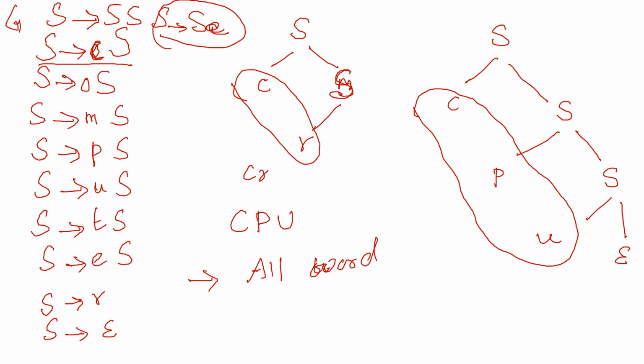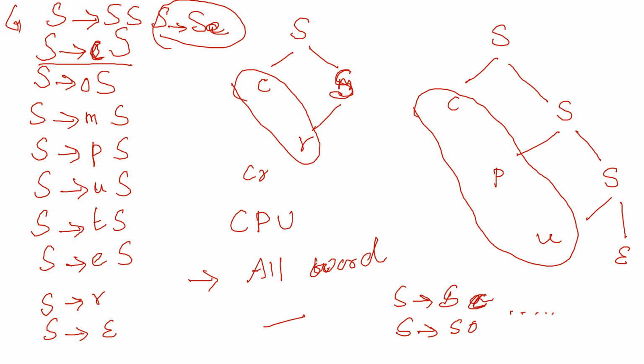This is the way of writing left linear as well as right linear. Instead of right linear, we can start with S tends to S a also, S tends to S C, then S tends to O also. Like that we can write.